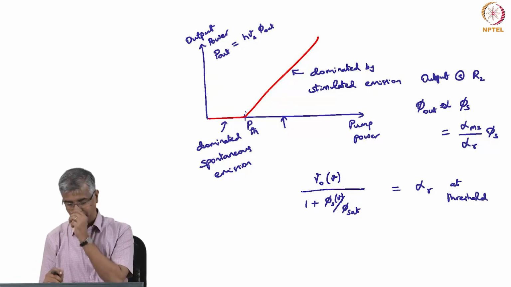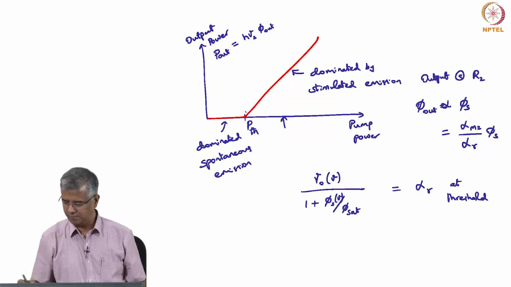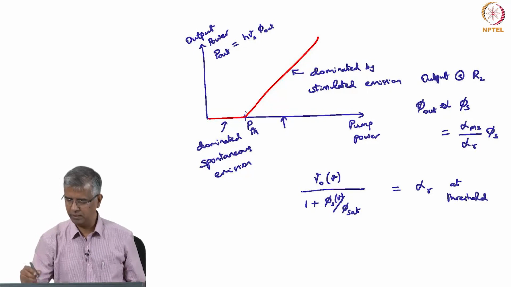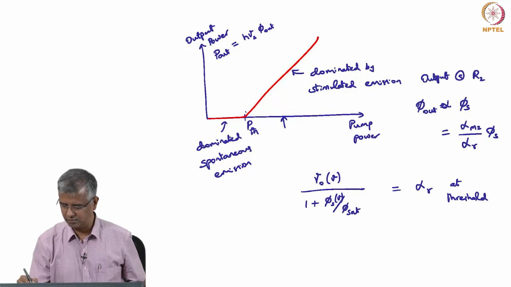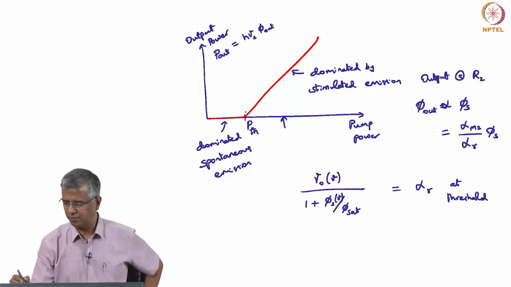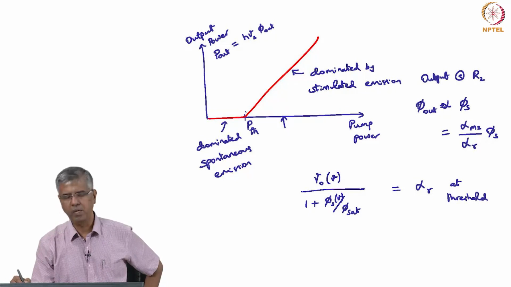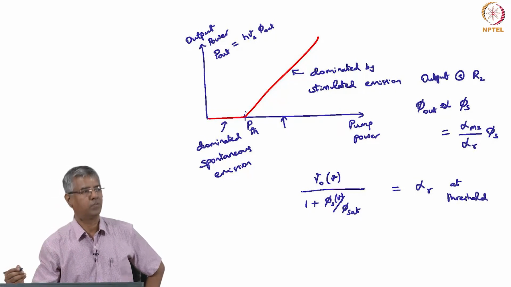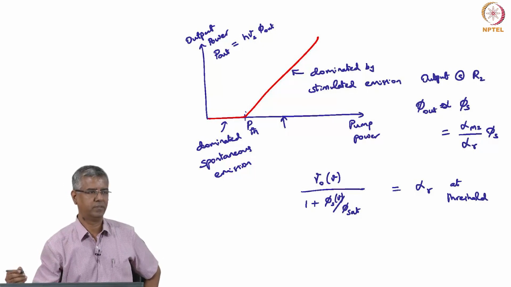So, I can write, maybe I will just go to the next page, I will just come back to that. I can write here itself. Phi out is a fraction of phi s, and that fraction is determined by the loss of the mirror, right.